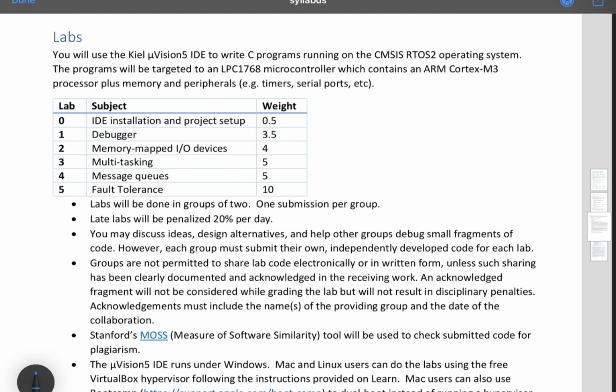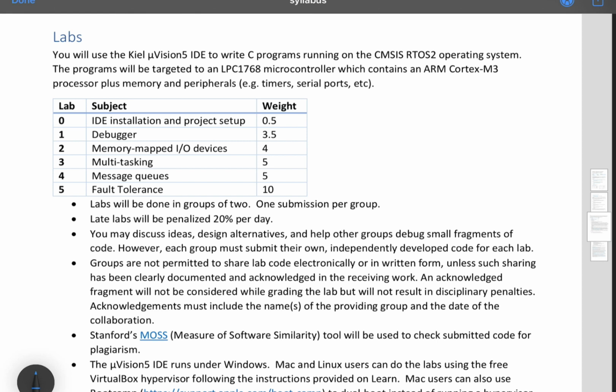CMSIS is ARM's software abstraction layer for their processors, and RTOS2 is their real-time operating system version 2. They're targeted at a certain microcontroller, the LPC1768, and that microcontroller has an ARM Cortex-M3 processor plus memory and some peripherals, so timers, serial ports, stuff like that.